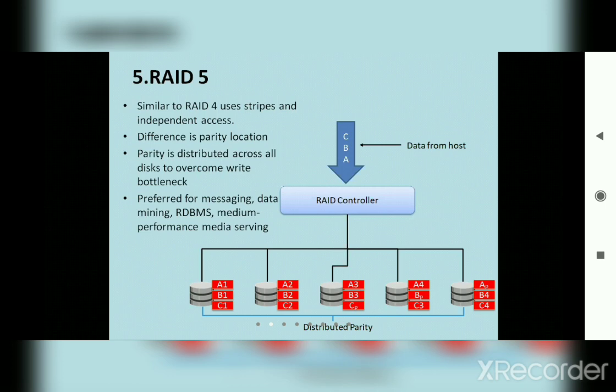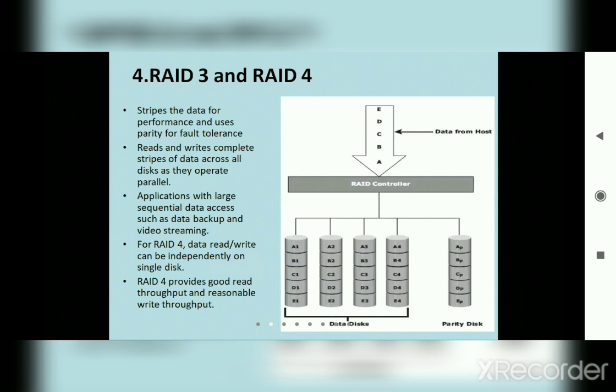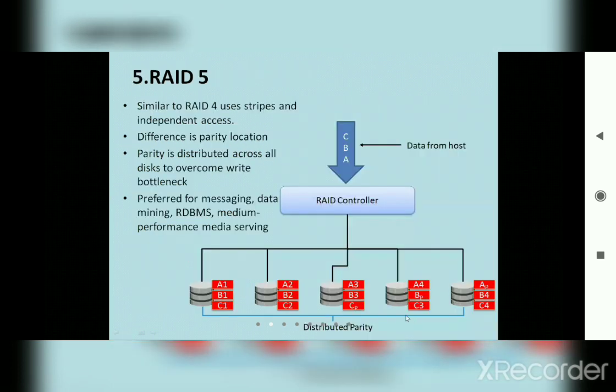It is striping and the parity. Now, what it does is it is going to have a parity location. In RAID 4, if you see, you are using a separate disk as a parity disk itself. But in this one, you are not going to have that. The parity will be within the disks themselves.